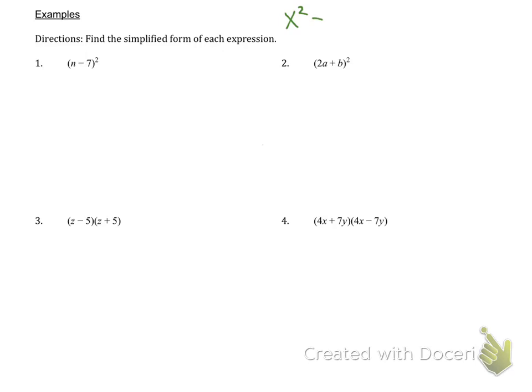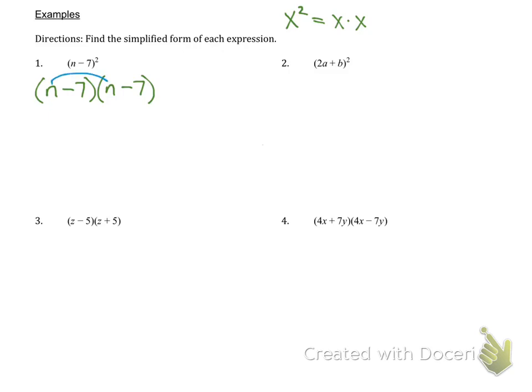You would tell me this means x times an x. So when I have n minus 7 squared, what this means is n minus 7 times n minus 7. Now this looks exactly like what you just did. So let's go ahead and solve this problem now.